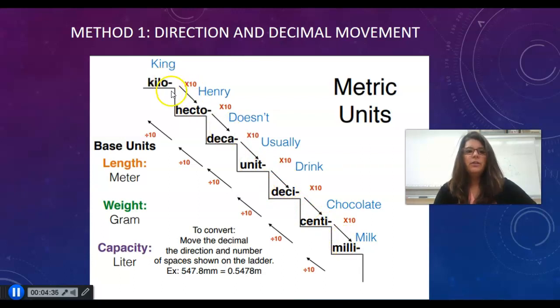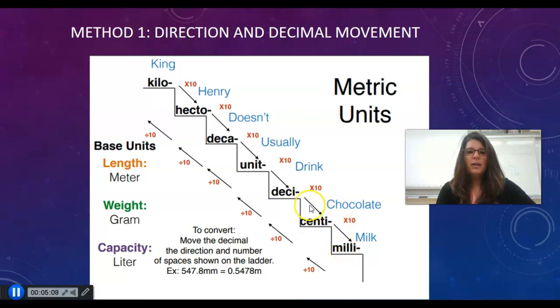What you're going to do is look and see, let's say the directions say we have 547.8 millimeters. So we're going to be down here, and we want to go to meters. So we're going to go up, and as we're going up, we're moving to the left. You're then going to move your decimal place also to the left for every step.